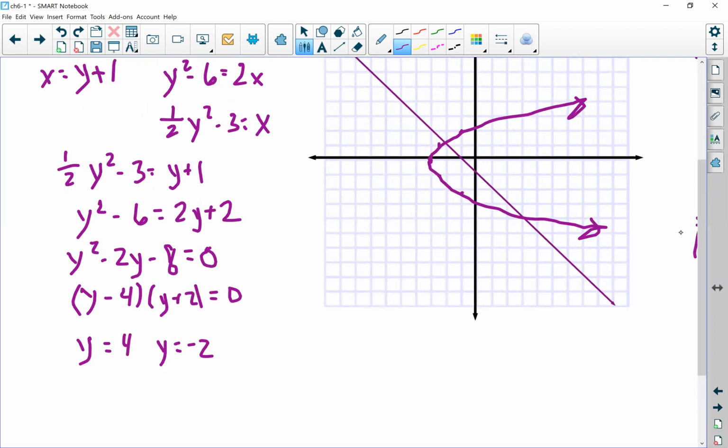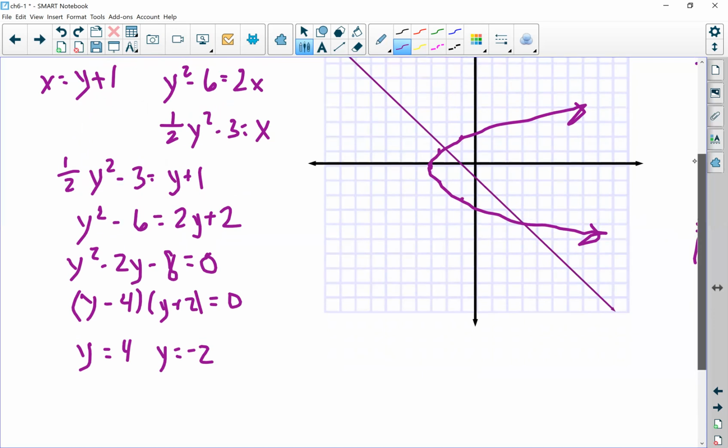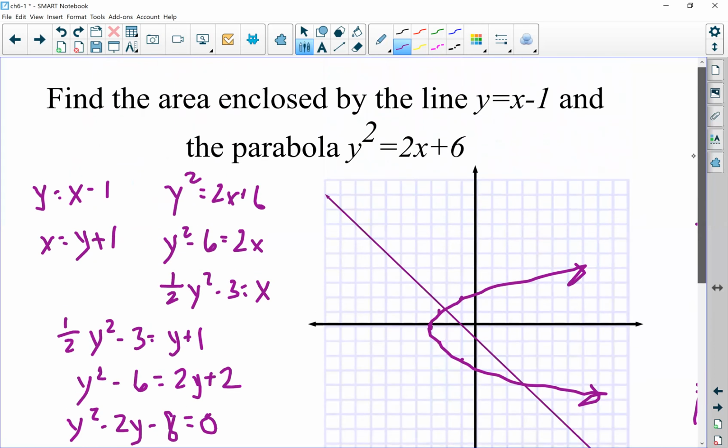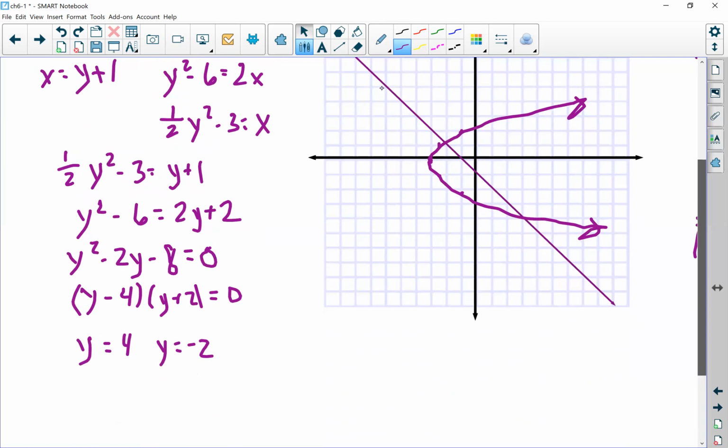That makes me think my graph is way wrong. What did I do wrong? Anyone see what I did wrong? Yeah, you did negative x. I did negative slope instead of positive slope, yeah.